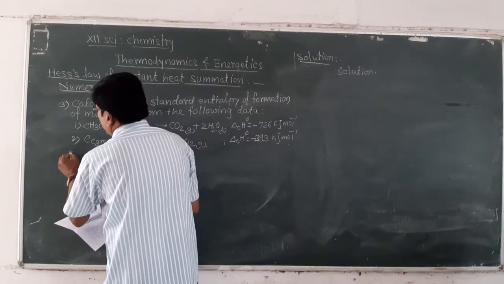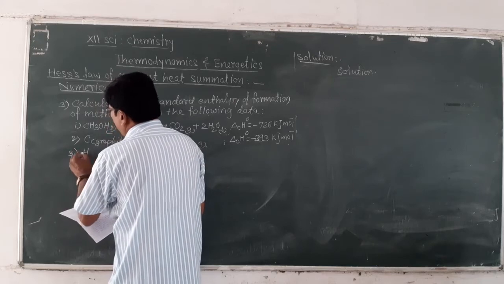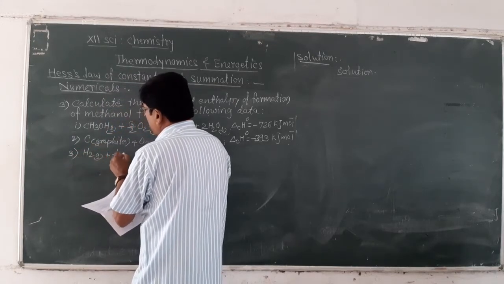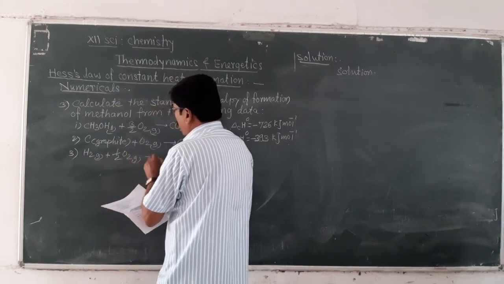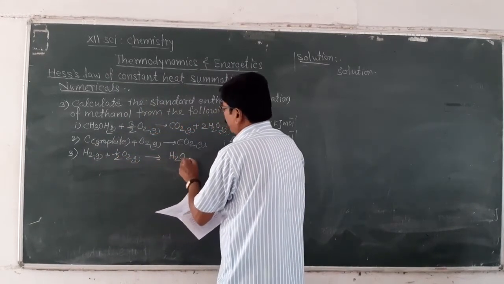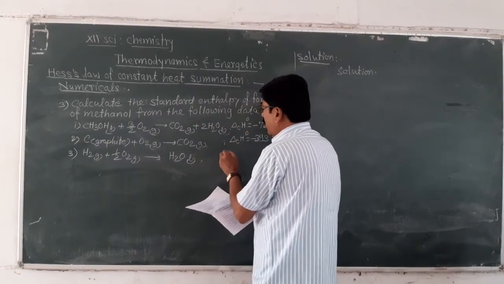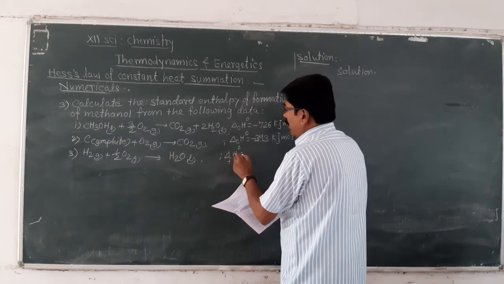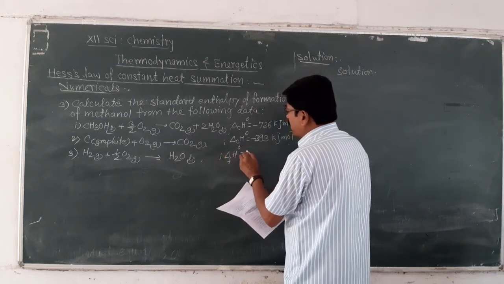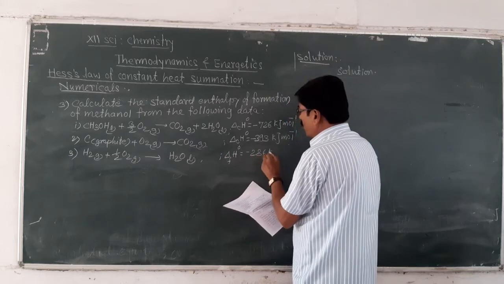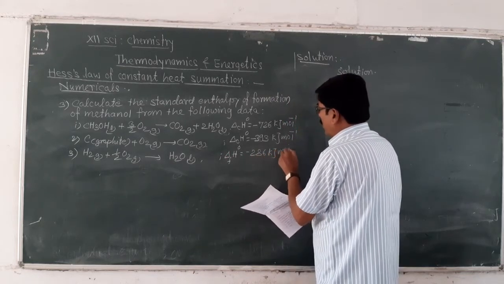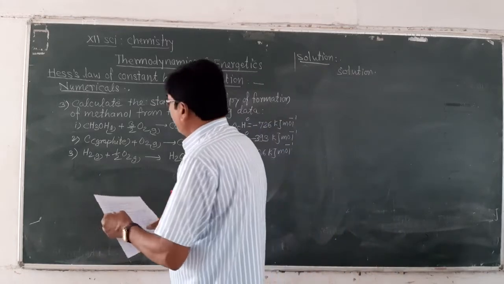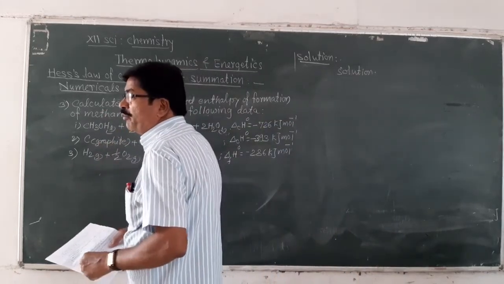And the last thermochemical equation, H2 gas plus 1/2 O2 gas to give H2O liquid. And the enthalpy change of this reaction, the enthalpy of formation of water, is minus 286 kilojoule per mole. From this data you can calculate the enthalpy of formation of methanol.